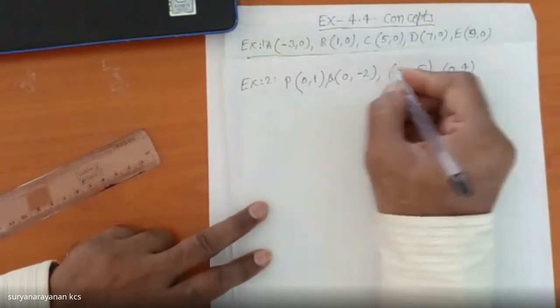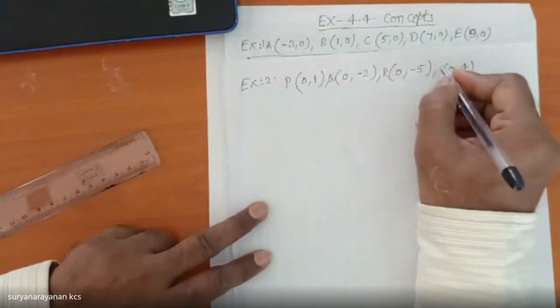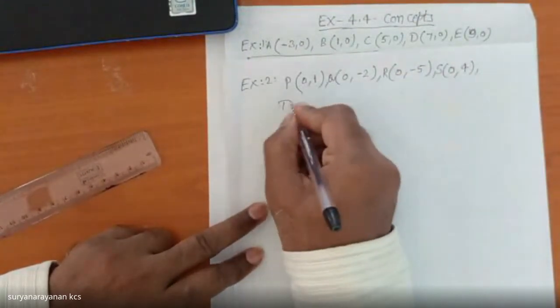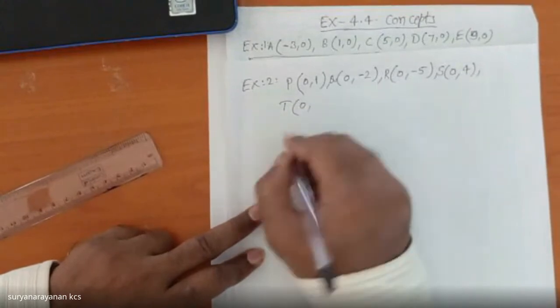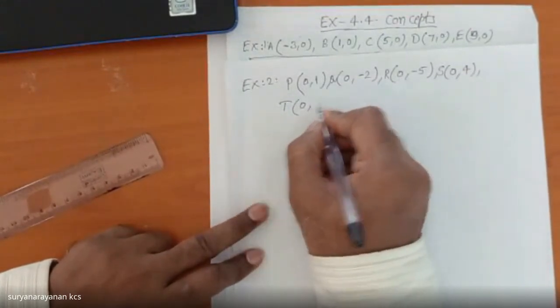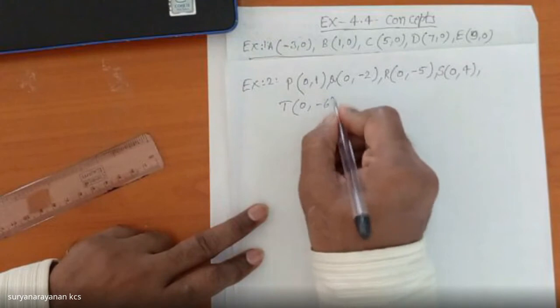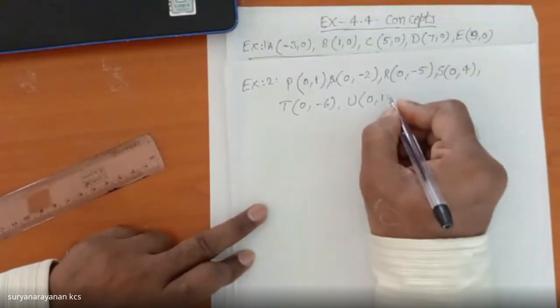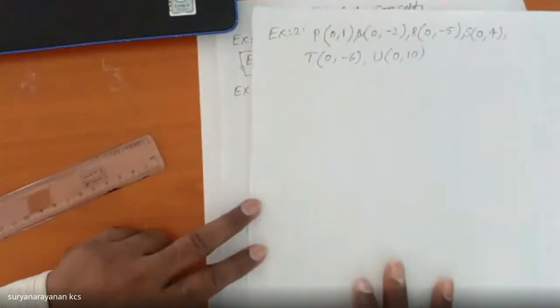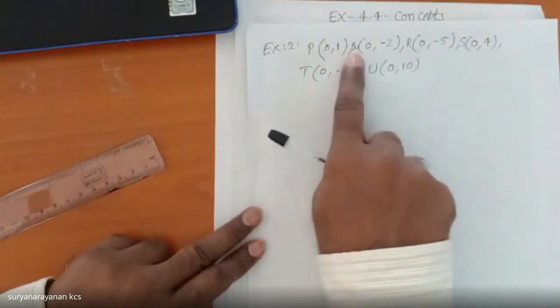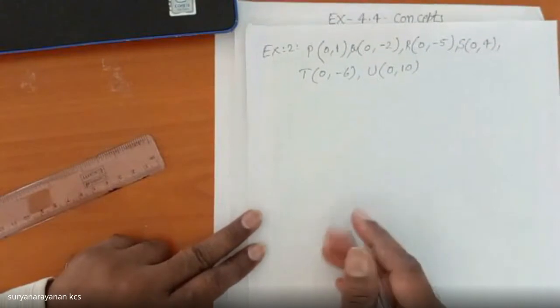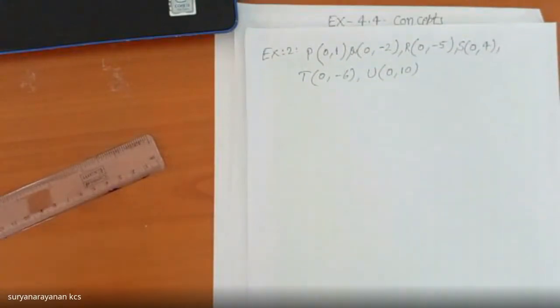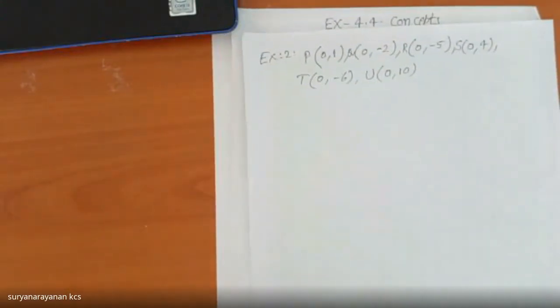This is Q. This is point R. This is point S. This is point T. 0 comma minus 6. U, 0 comma 10. Like this, I have taken some points P, Q, R, S, T, U. Let us plot all these points on a graph sheet and let us join all these points.